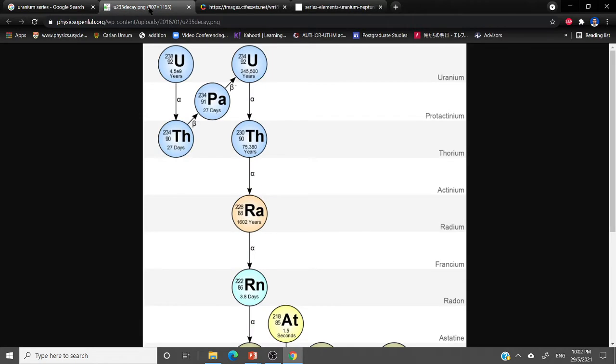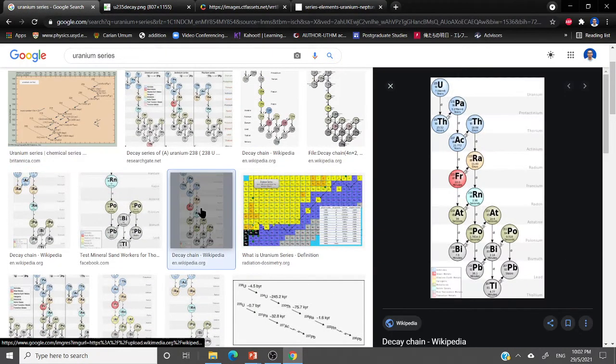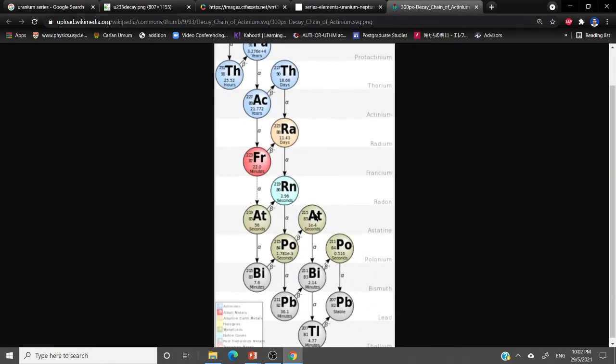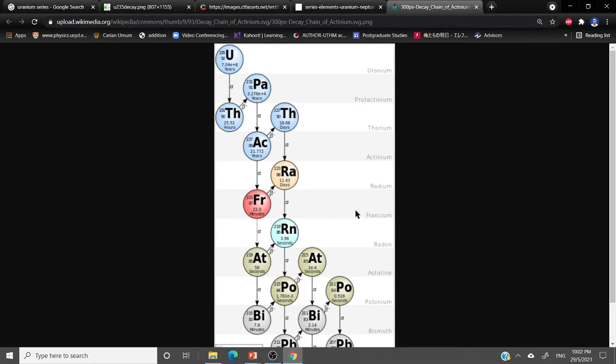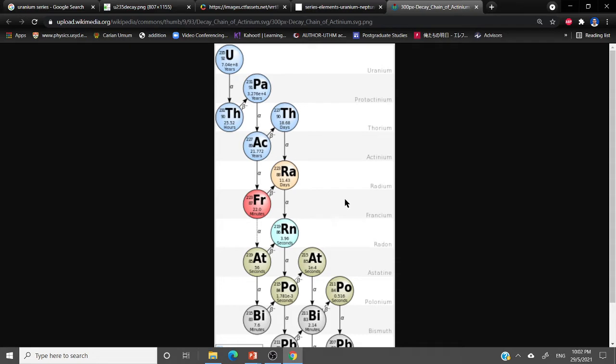So be careful with what you are seeing. I think this one is complete, but the resolution is poor. Anyway, this is an example of a decay series.